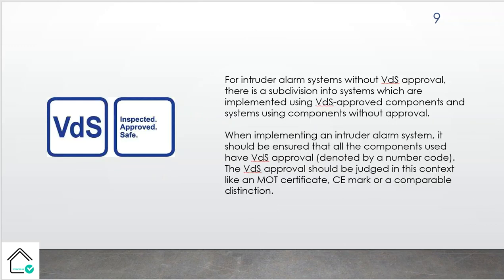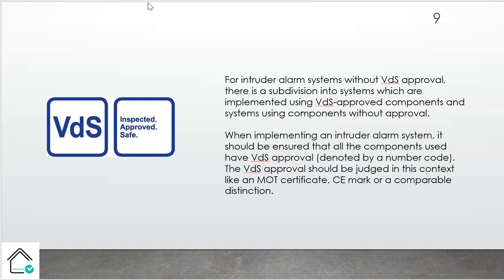For intruder alarm systems without VdS approval, there is a subdivision into systems implemented using VdS approved components and systems using components without approval. When implementing an intruder alarm system, it should be ensured that all the components used have a VdS approval, and this is denoted by a number code.